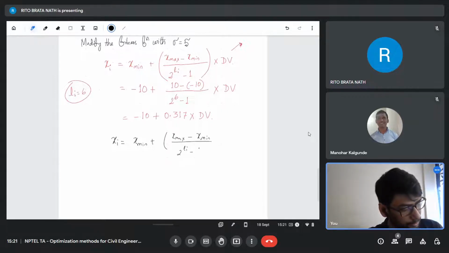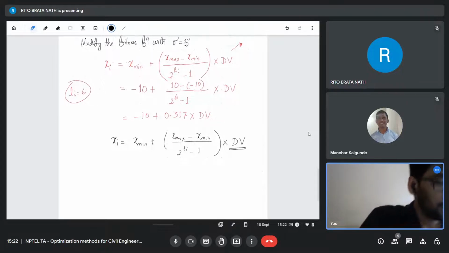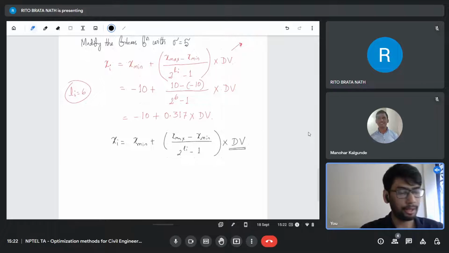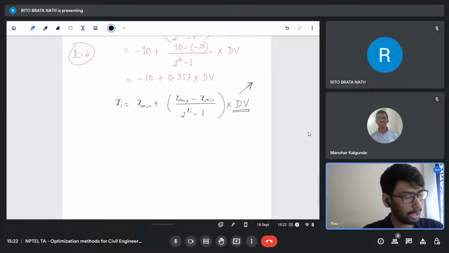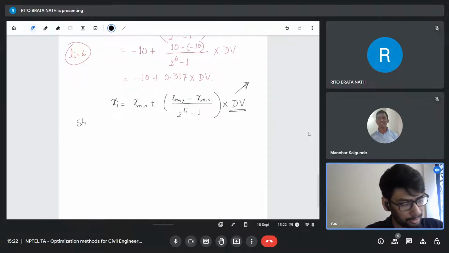So now here you will just plug in the dv values, right? So now what can be your dv value? If you know your x min, x max, and your dv values, you can get some sort of a bound on xi. The only unknown here is dv, x min, x max, and li is given. So suppose I use a string of length li.